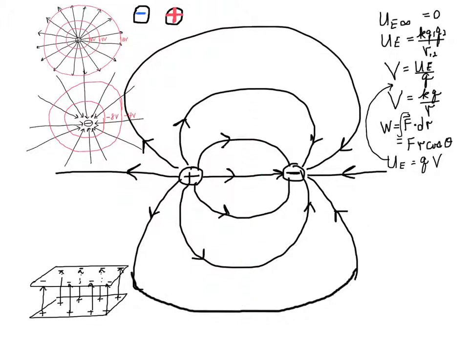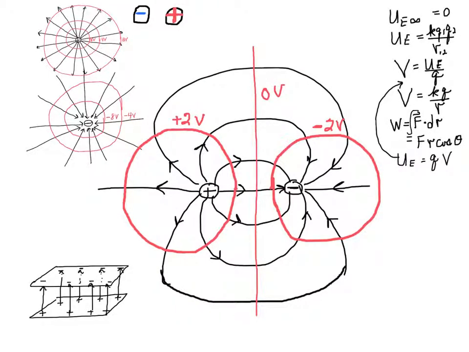And so let me draw some potential lines in on this. So the equipotential lines for this arrangement, and remember what an equipotential line means. It means a charge placed here will have the same energy anywhere on this surface. And so a charge placed here will have 0 energy anywhere along the surface.